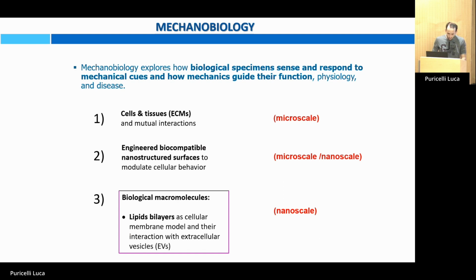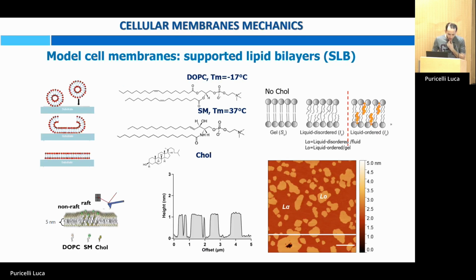So coming to biological macromolecules, the topic of interest for our project nowadays, cell membranes are quite complex objects. They are made of many kinds of lipids from different families and proteins, ligands, receptors, whatever. What we can do is try to model these cell membranes again.